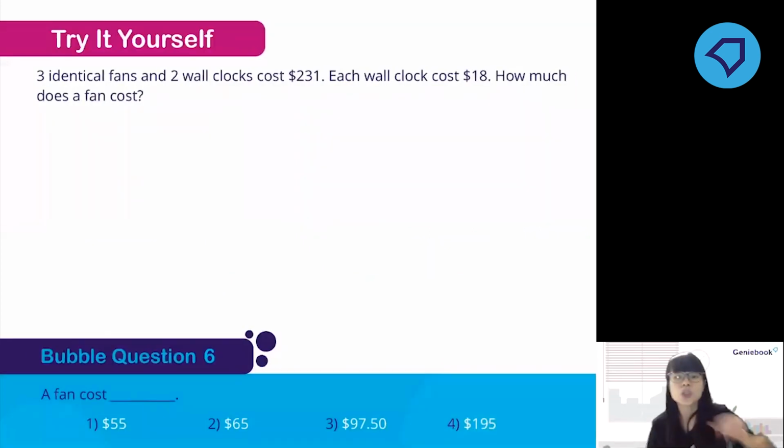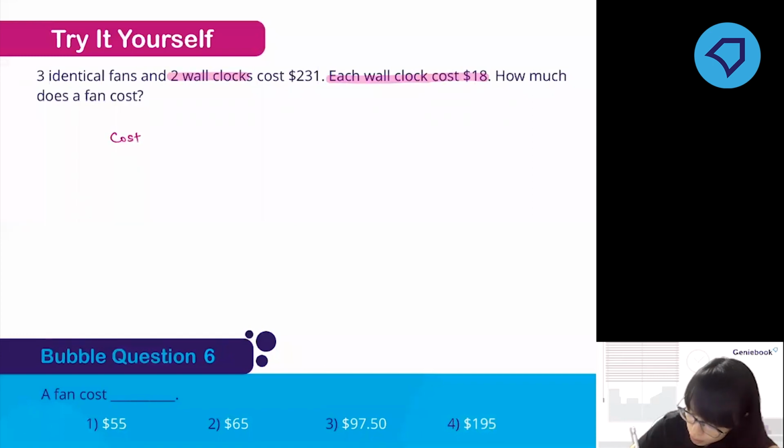Okay. Now, 3 identical fans and 2 wall clocks cost $231. Each wall clock costs $18. How much does a fan cost? Can you find the answer? It's given that each wall clock costs $18 and he bought 2 wall clocks. Okay, so I'm going to write cost of 1 wall clock is $18.